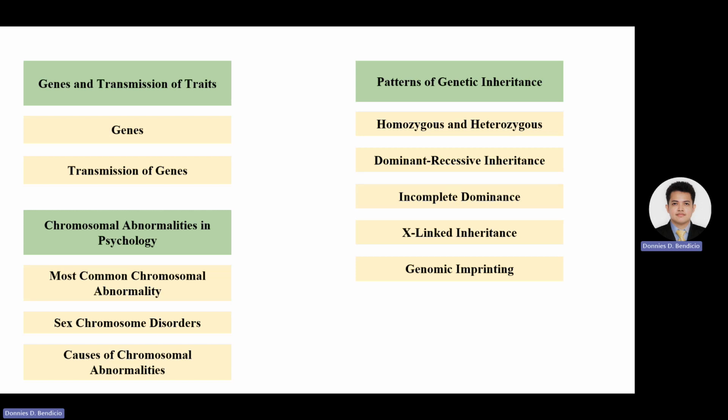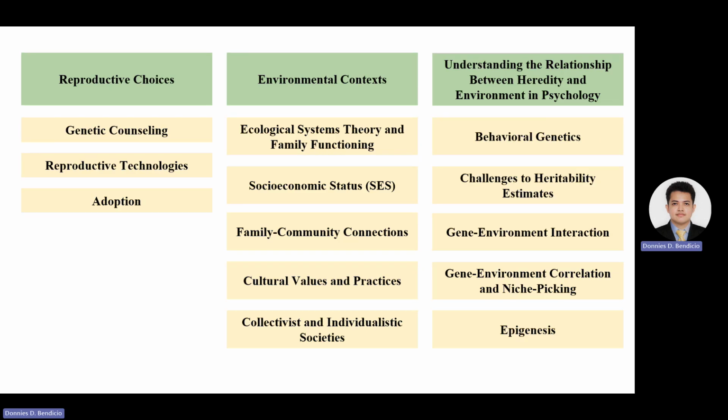So this knowledge helps psychologists, for example, to develop strategies for early intervention and support for affected individuals and their family. So in the field of psychology, the study of chromosomal abnormalities extends beyond the physical aspect to investigate their psychological and developmental implications. Researchers and psychologists work together to enhance the quality of life and well-being of individuals affected by these conditions.